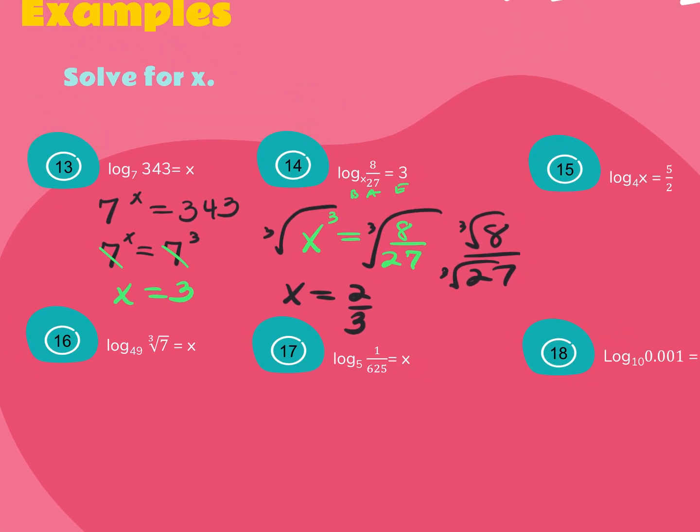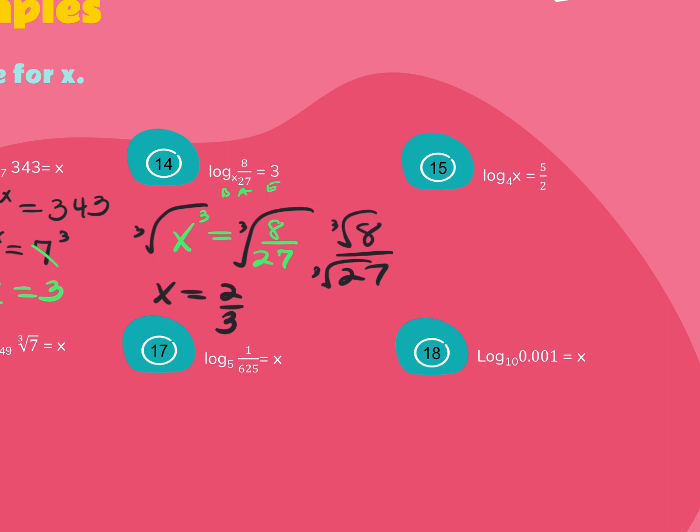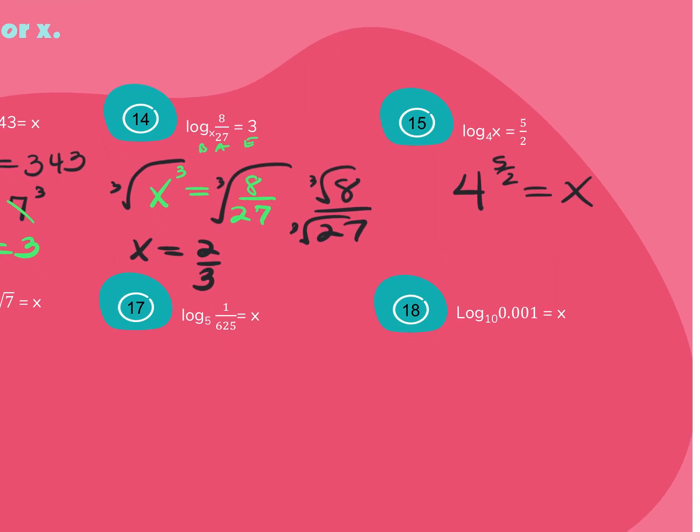So again, this time, the x is not the base, and x is not the exponent. So it's going to be the answer, again, if you're doing the bay trick. So this one, we're just evaluating this power. So we're solving for x. So what we're going to do is remember the denominator of the rational exponent is the root, and the numerator would be the exponent.